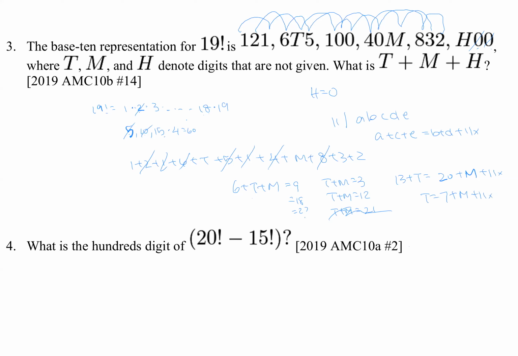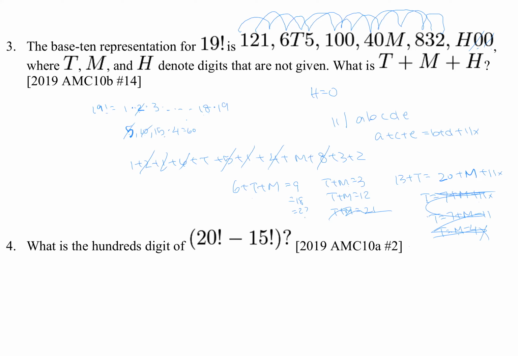Now, if t plus m equals 3, then t is less than 7, so we could have t equals 7 plus m minus 11, because it can't be plus 11. Then t equals m minus 4, and we know that m is less than 4, so this would be negative, so this doesn't work.